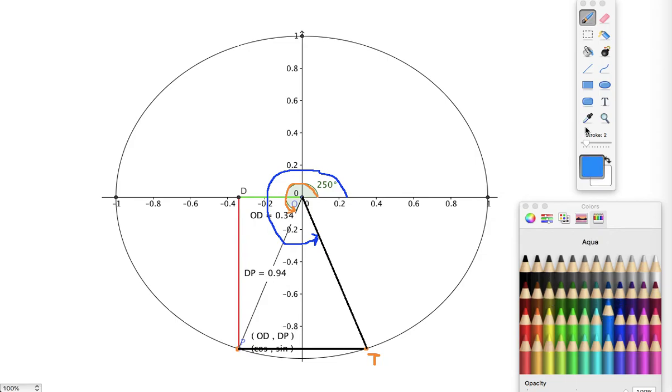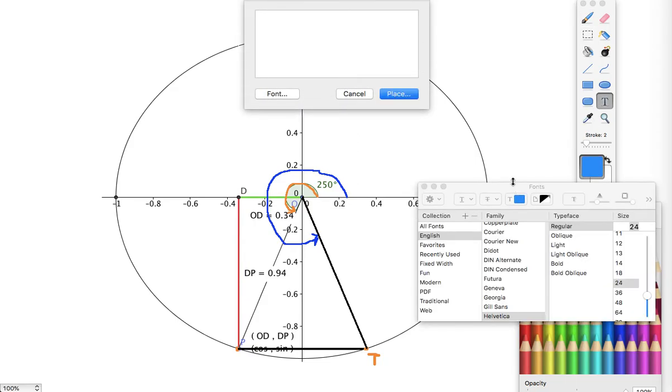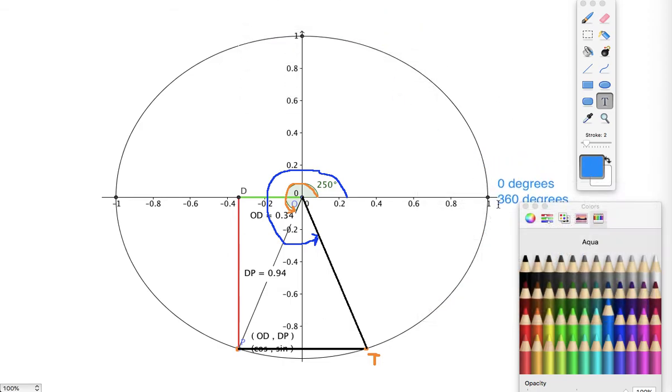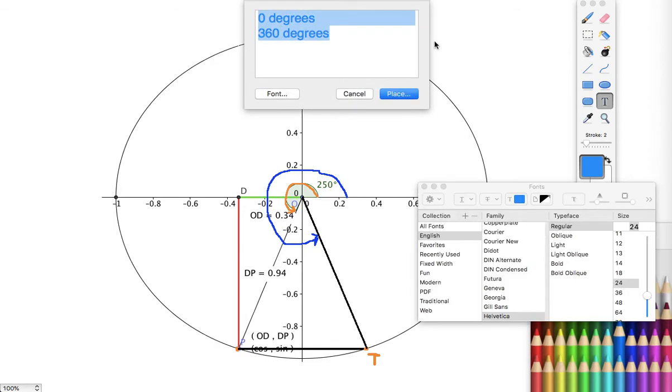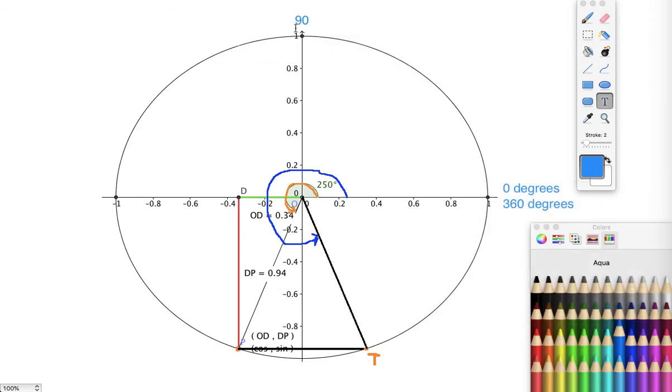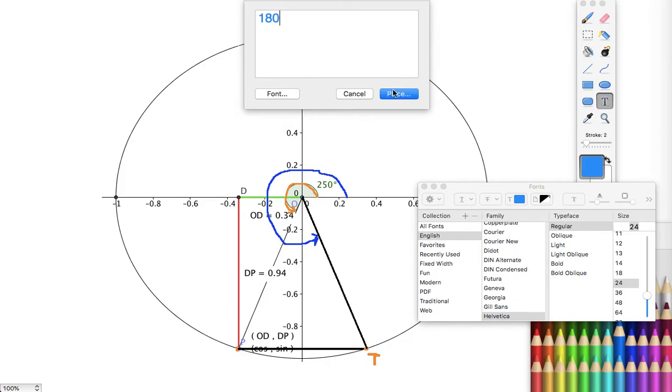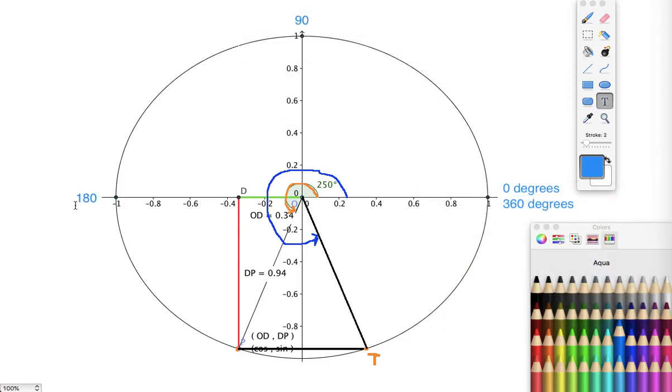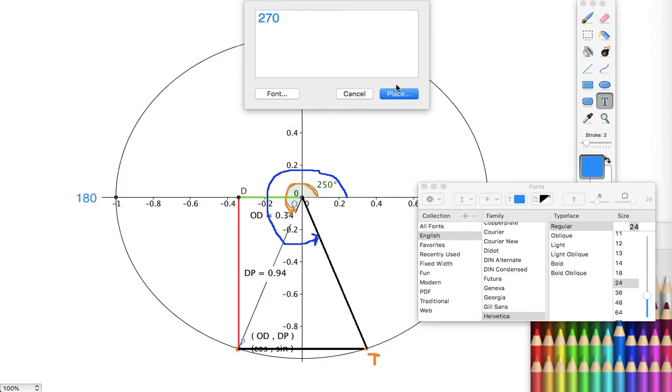Let me once again remind us that over here you have 0 degrees or 360 degrees. Up here you have 90. To the left here you have 180. And at the bottom you have 270.